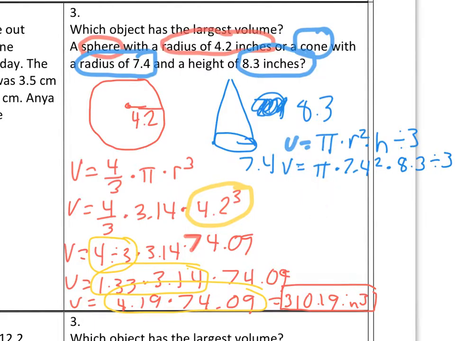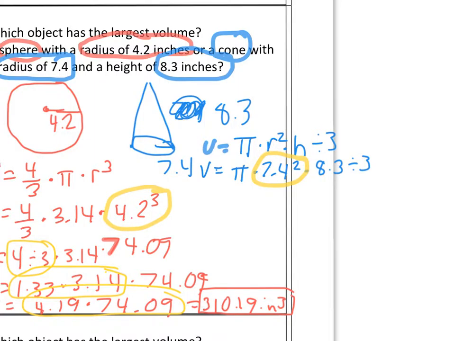Alright, so now let's go ahead and work out the exponent first. So 7.4 to the second power. Pick up your calculator and plug that in. Calculator's going to go 7.4 multiply 7.4. It's going to take us to 54.76.